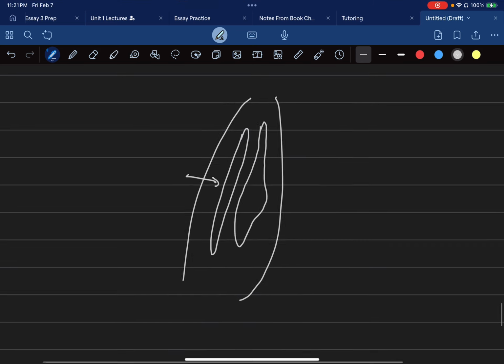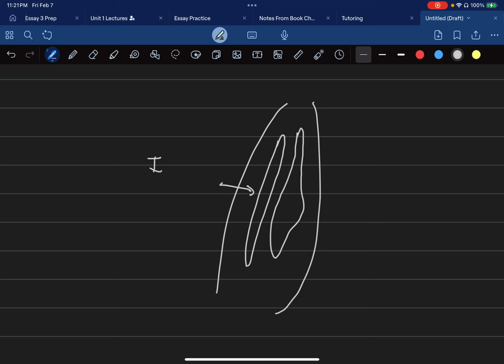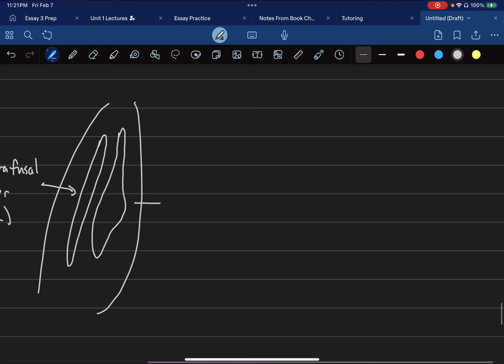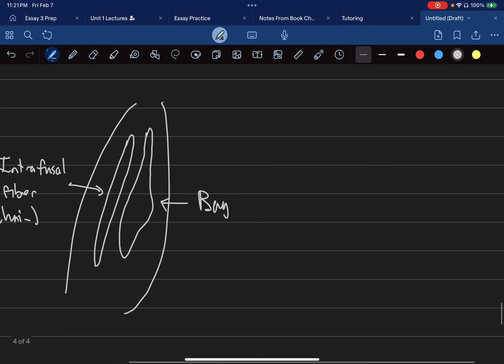So we're going to have our intrafusal fiber or chain fiber. And then over here we're going to have our bag fiber. It's also an intrafusal fiber, but this is going to be our bag fiber.